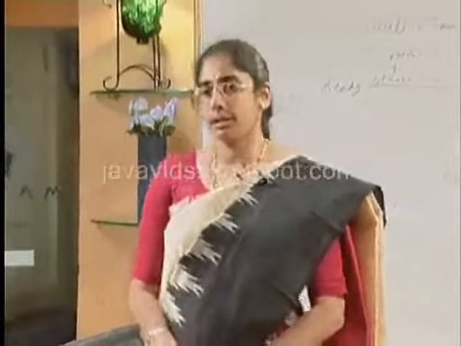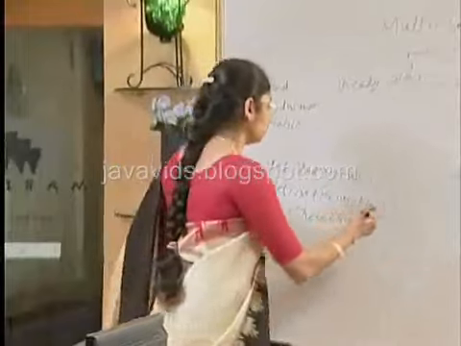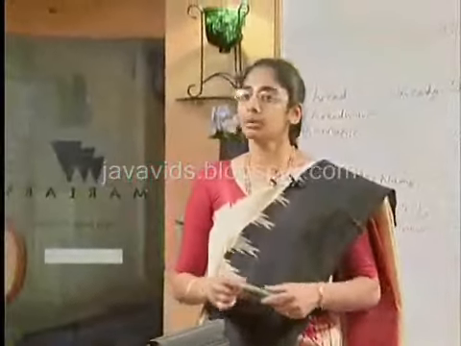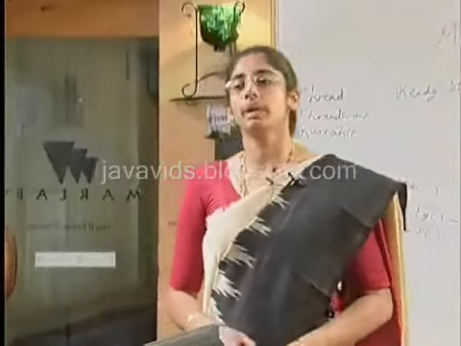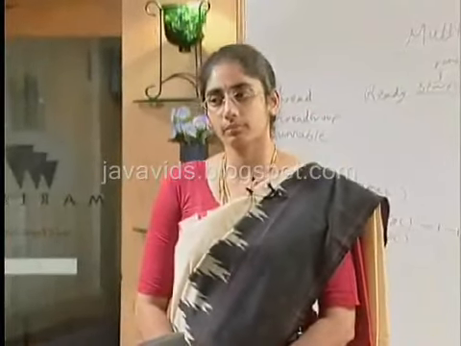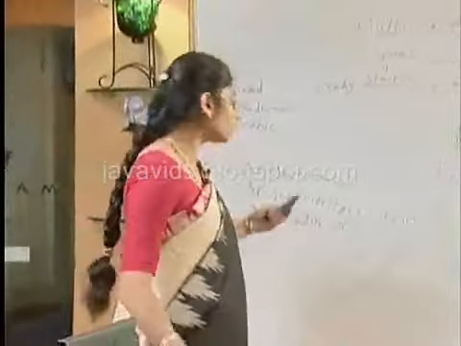The priority of a thread can be specified between 1 and 10, 1 being the minimum priority, 10 being the maximum priority. So therefore, normal priority is 5. You can set a priority for a thread by calling the setPriority method.